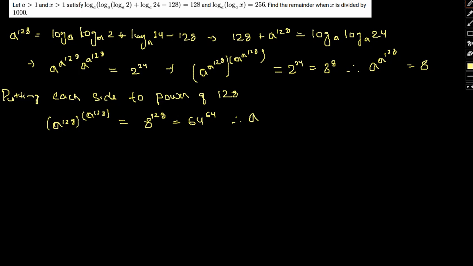Therefore a to the power 128 can be written as 64, so a equal to 2 to the power 3 by 64.